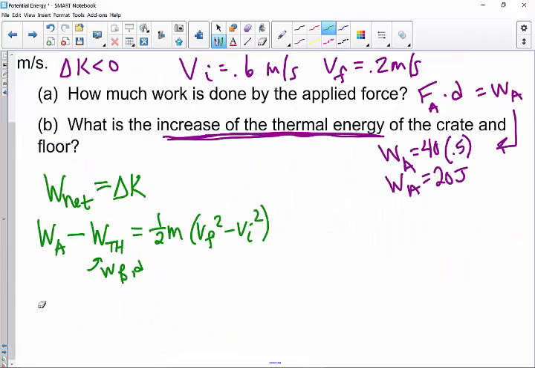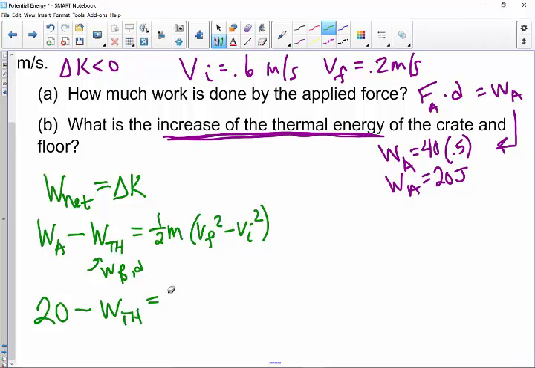We know the work applied is 20 joules. Perhaps I should leave off the units, and just add the units back in. We're going to find the energy lost because it was changed to thermal energy or something. We can call it work or energy, it doesn't matter, same thing.